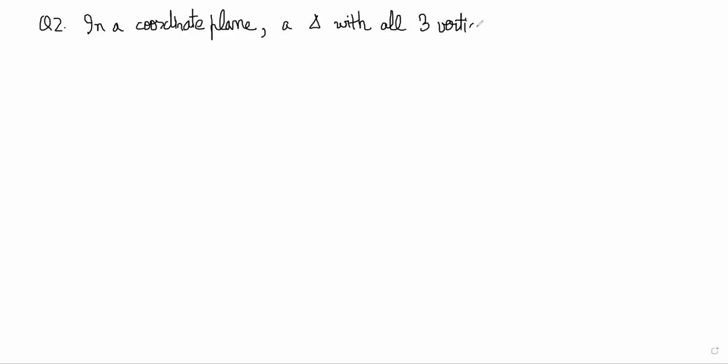Now, again, this question says, in a coordinate plane, a triangle with all three vertices as lattice points.